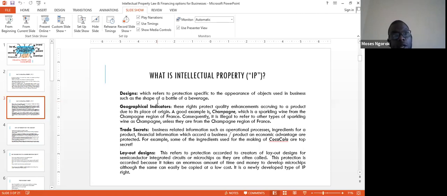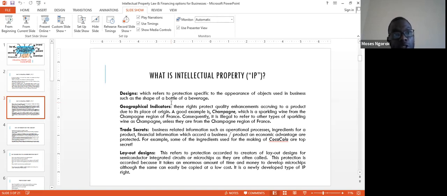Businesses seek to protect things such as the shape of a bottle, the shape of a building, an architectural design, because sometimes it's a design that makes the product appealing to a business's customers. So that's why it becomes important to protect designs.